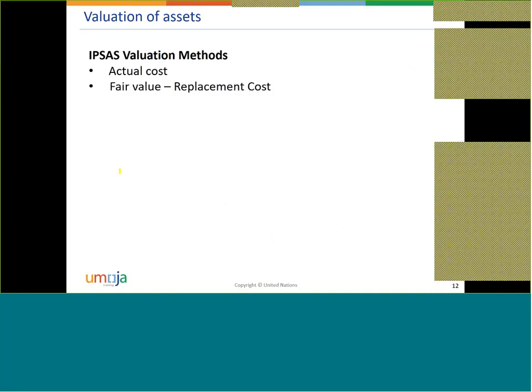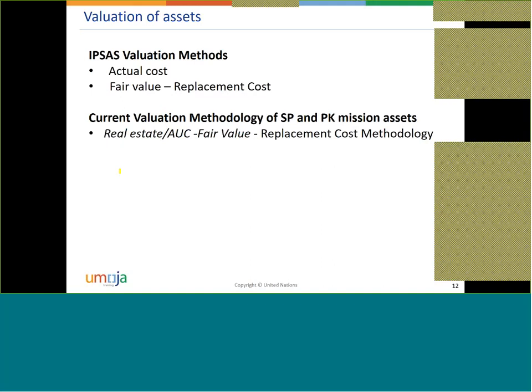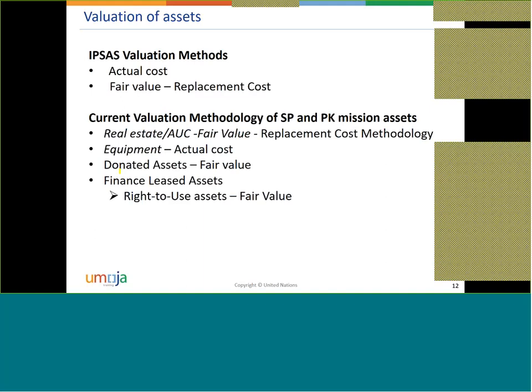Now, what was the valuation in terms of valuating the assets? I think we were using replacement cost methodology for assets under construction, right? And we are using right now actual cost for equipment. So that was what was before, and we have two types of valuation methods.